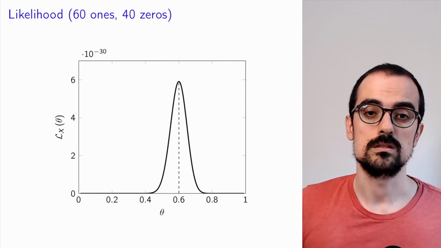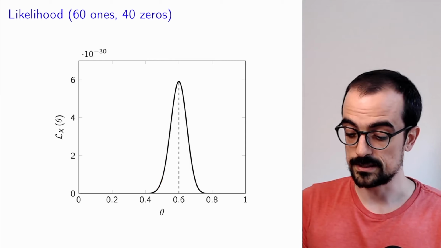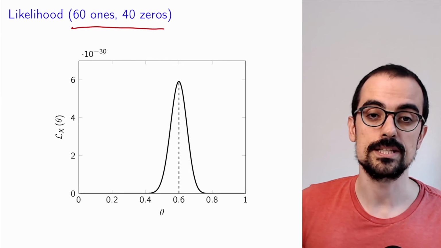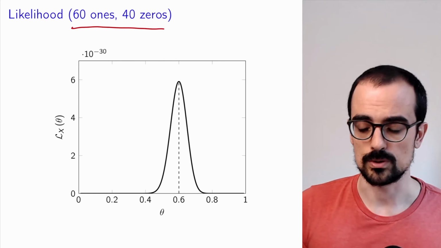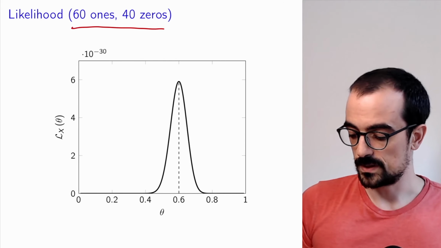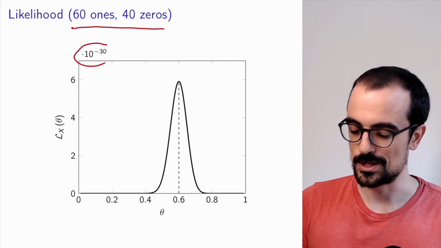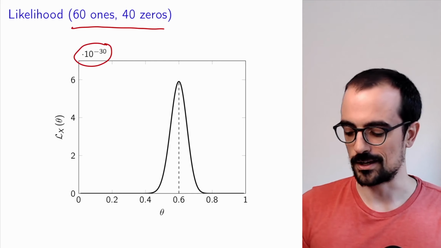This is how the likelihood function looks like for this data, where you see 60 ones and 40 zeros. Realize that in this case, it doesn't matter in what order we see the zeros or the ones. Okay, that's what it looks like. Realize that the values are 10 to the minus 30, so you don't want to deal with this on a computer. It's better to take the logarithm.